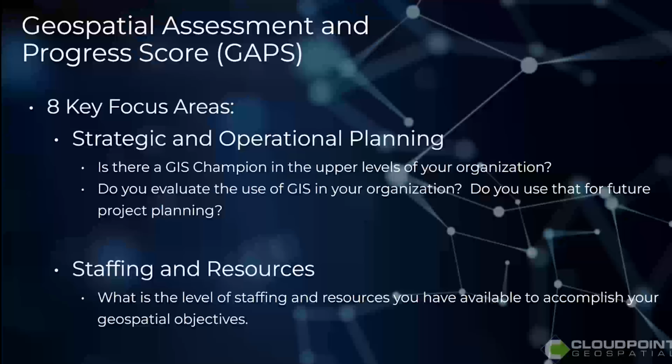If you have the appropriate staffing levels, are they being trained? Are they staying up to date on the technology? Do you have the proper licensing resources? One of the things we see, especially in local government or municipal GIS, is the procurement process can really drag out, and sometimes you're butting up against that, and it's going to slow down the progress of your geospatial program.